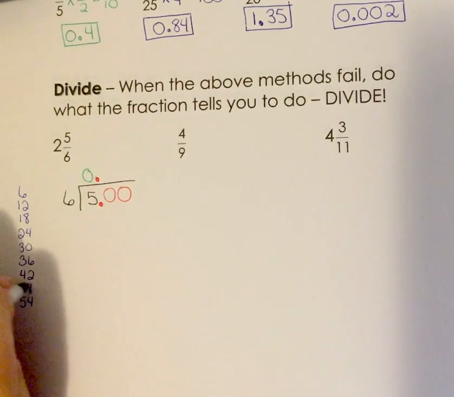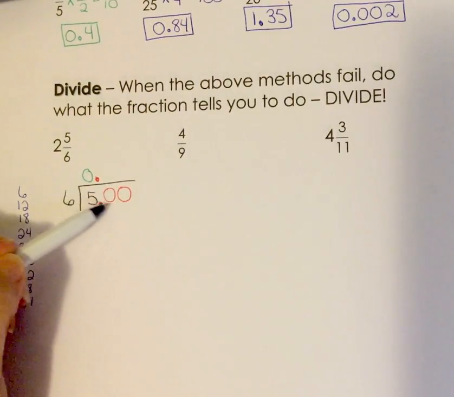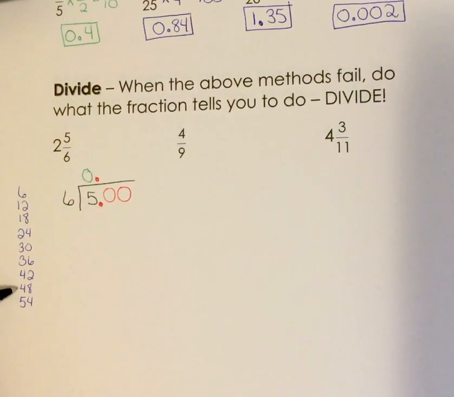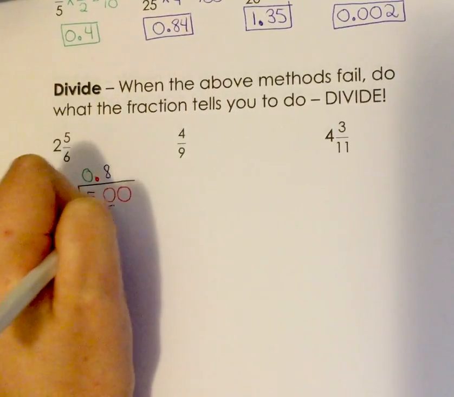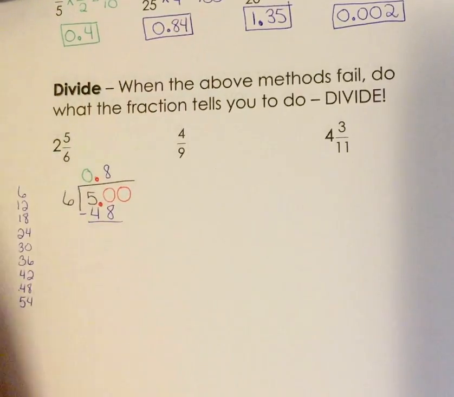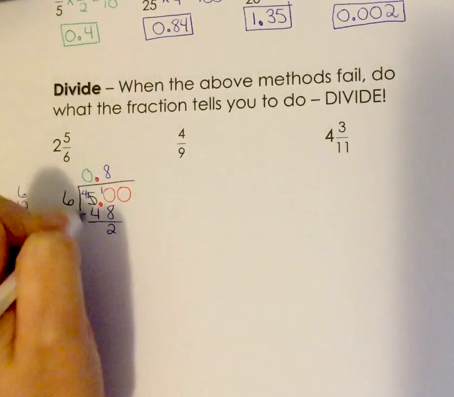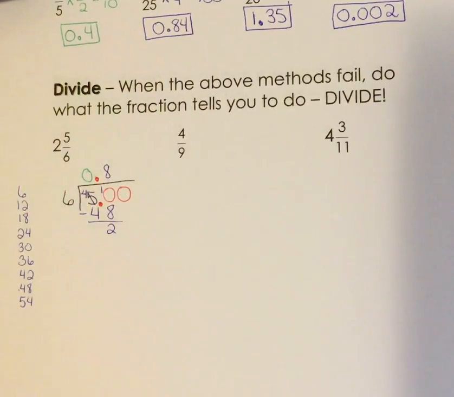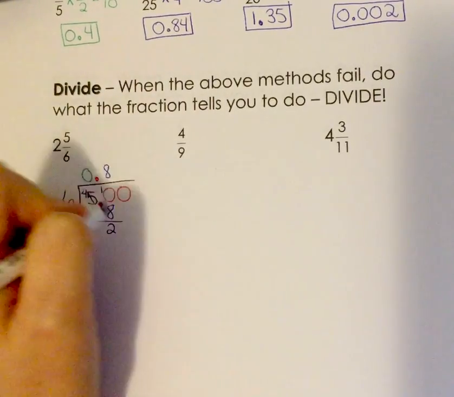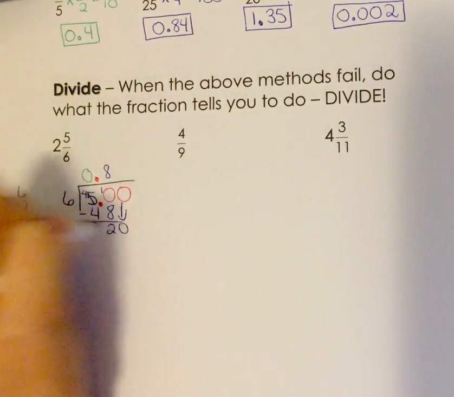Oh wait, 48 goes in. So 6 goes into 50, 8 times, which is 48. So I'm going to put an 8 up top, 48 on bottom, subtract. 5 becomes 4, regroup, subtract, you get 2 and 0. 2 is less than 6, we're good to go. We keep dividing, bring down the 0.